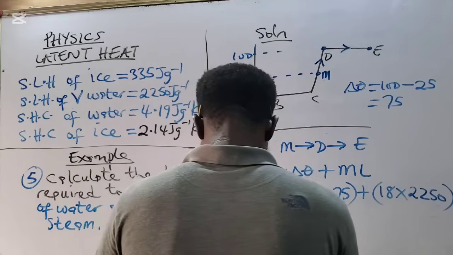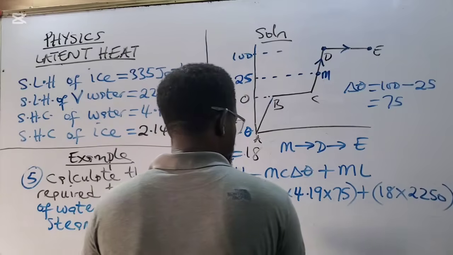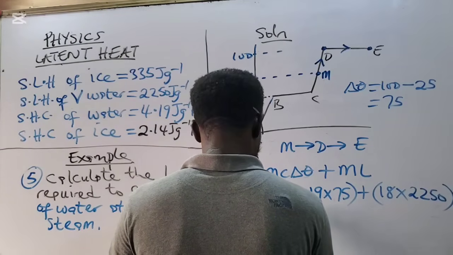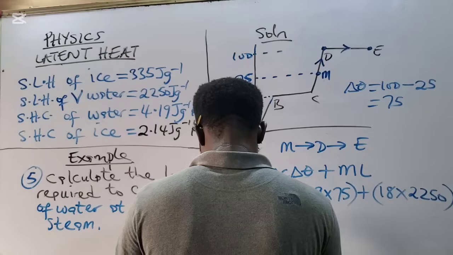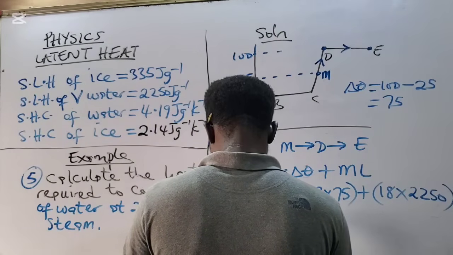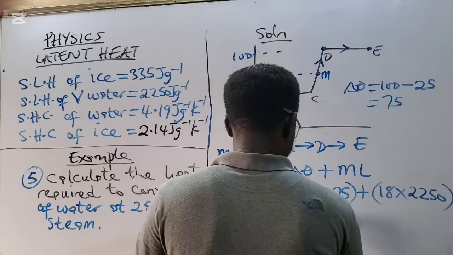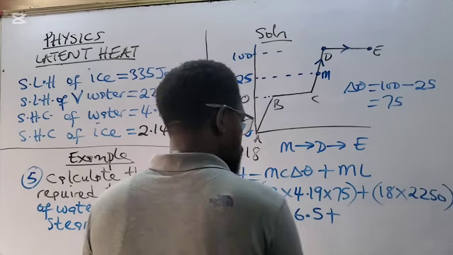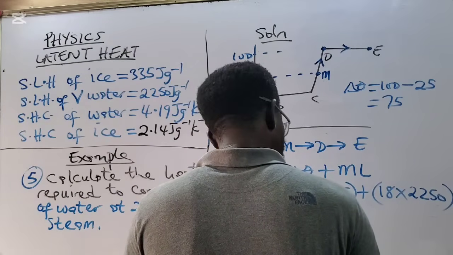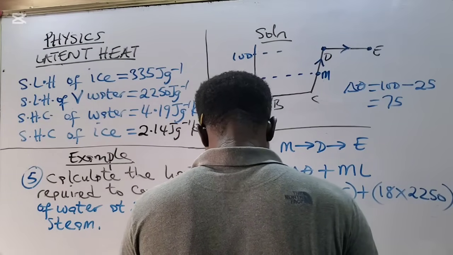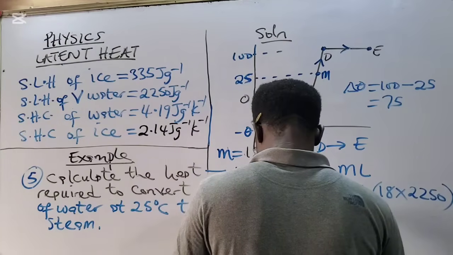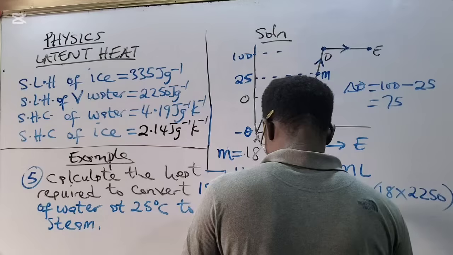We have 5656.5 plus 18 times 2250, you have 40,500.